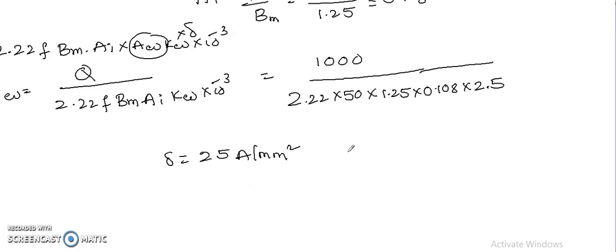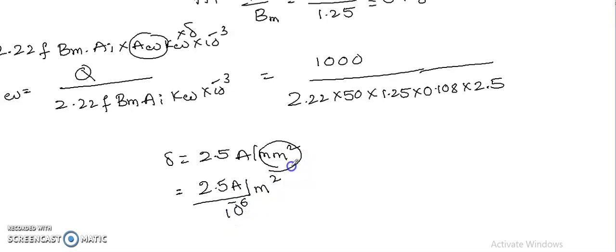So we have to convert this mm square into meter square. How to do that? 2.5 ampere divided by 10 to the power of minus 3. To convert mm square to meter square, so what I have done? 10 to the power of minus 6 I have done.